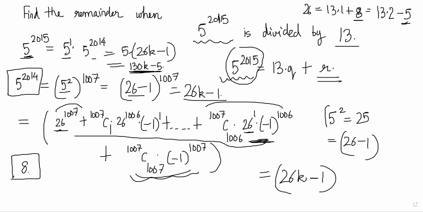Another type of question that you might see is find the last 2 digits of something. Find the last 2 digits or last 3 digits of some random number they will give you. In JEE Mains also this has been asked sometimes.